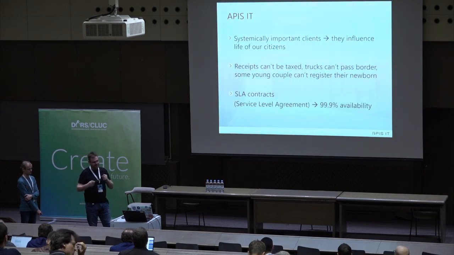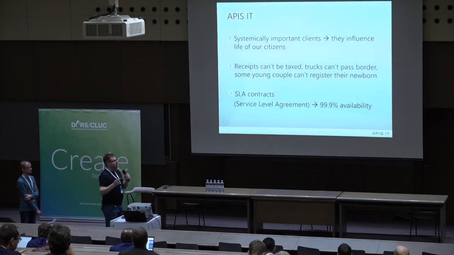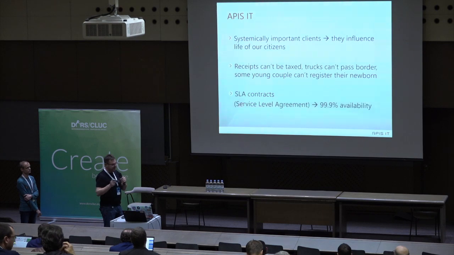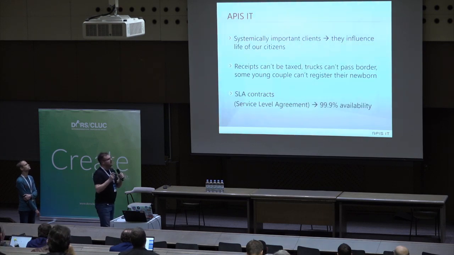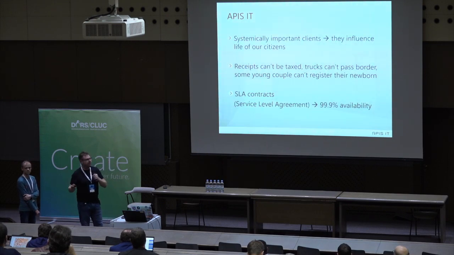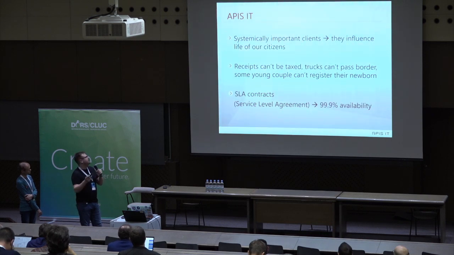We have responsibility to our clients. Why? Because if something doesn't work, our mistakes or mistakes on our system influence the lives of the citizens in Croatia. For our part, receipts can't be taxed, trucks can't pass the borders, or some young couple can't register their newborn.